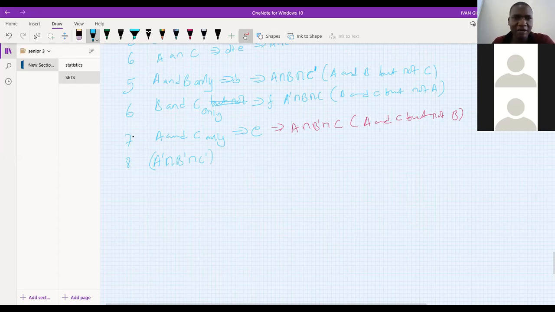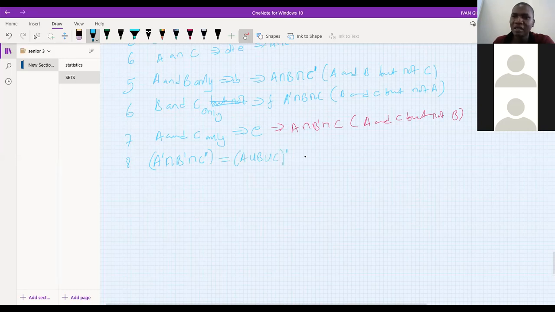If they are subjects, none of the three subjects, none of the three events, none of the three games, if they didn't like any of the games, I'll write it A complement intersection B complement intersection C complement. And from two sets we also say that this is the same as, we can simply say, A union B union C complement, outside.